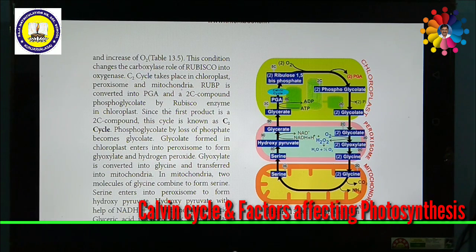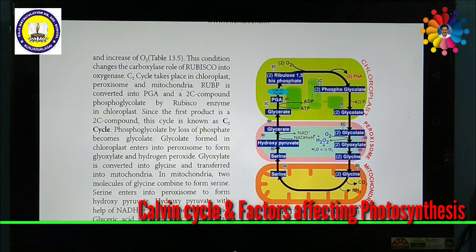So another important question is, what are the differences between photorespiration and dark respiration? Usually photorespiration takes place in photosynthetic green cells, but dark respiration takes place in almost all living cells. Photorespiration takes place only in the presence of light, but dark respiration takes place at all times. They do not require any light.